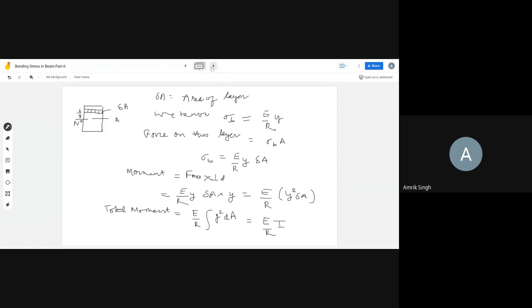Now this moment should be equal to the moment of resistance, which is offered by the internal resistance. The material will try to resist the deformation.